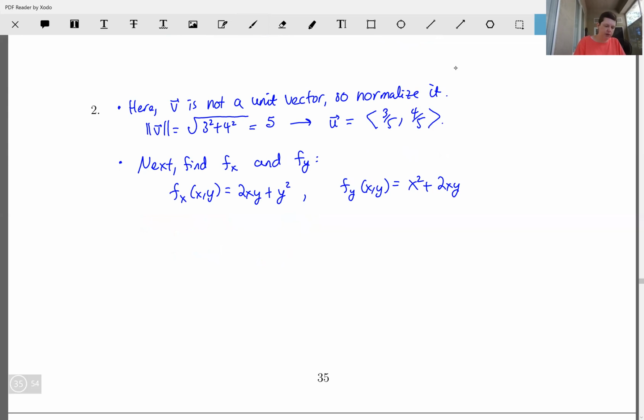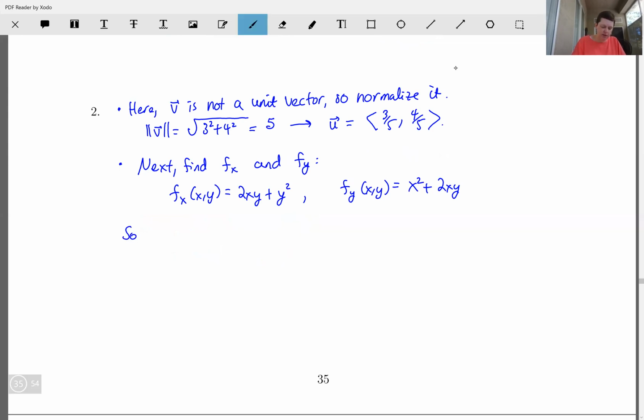So the directional derivative in the direction of u of f of x, y is going to be the dot product of these two vectors.